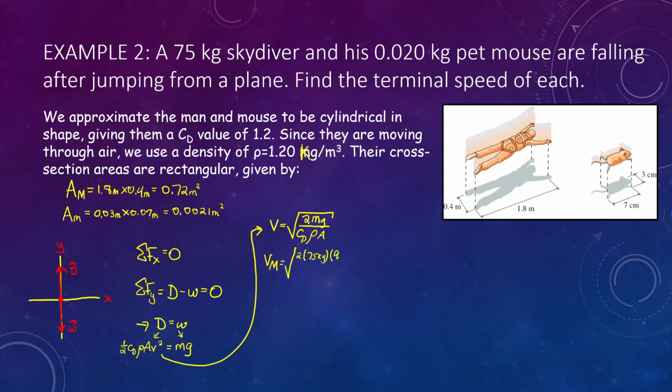And we know the acceleration due to gravity is 9.8 meters per second squared. All of this gets divided by CD rho A. CD is just a number, 1.2, times rho, which is 1.2 kilograms per meter cubed, and the cross-section area of the man, which was, in this case, 0.72 meters squared.